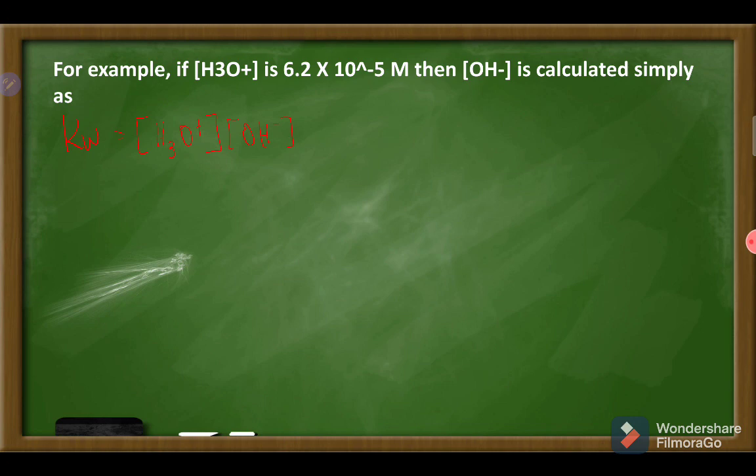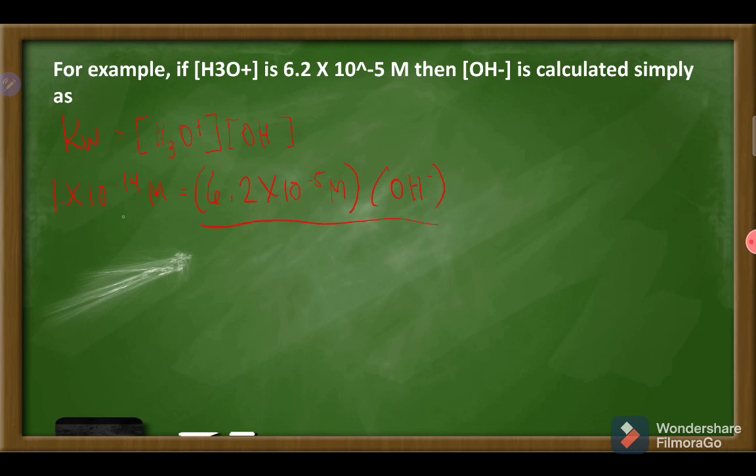As said earlier, the constant value of Kw is 1 times 10 raised to negative 14 molarity, which is equal to, what is the value of the hydronium ion? We have 6.2 times 10 raised to negative 5 molarity, and here we have the hydroxide ion.